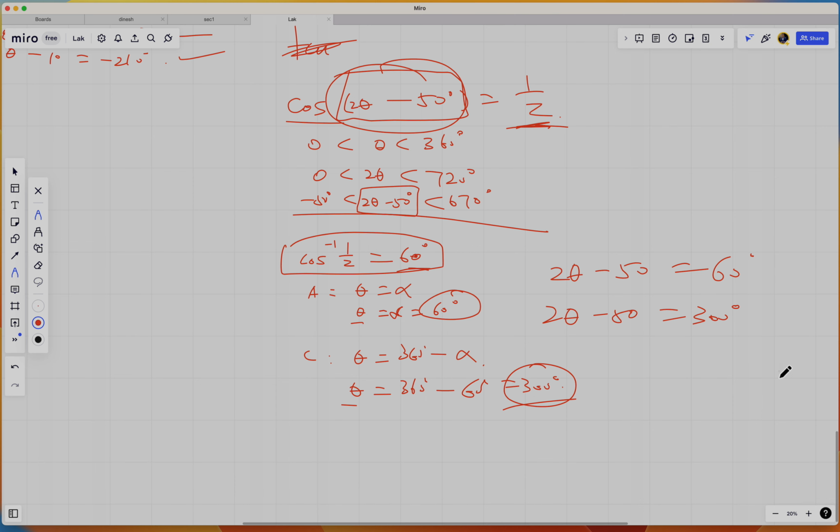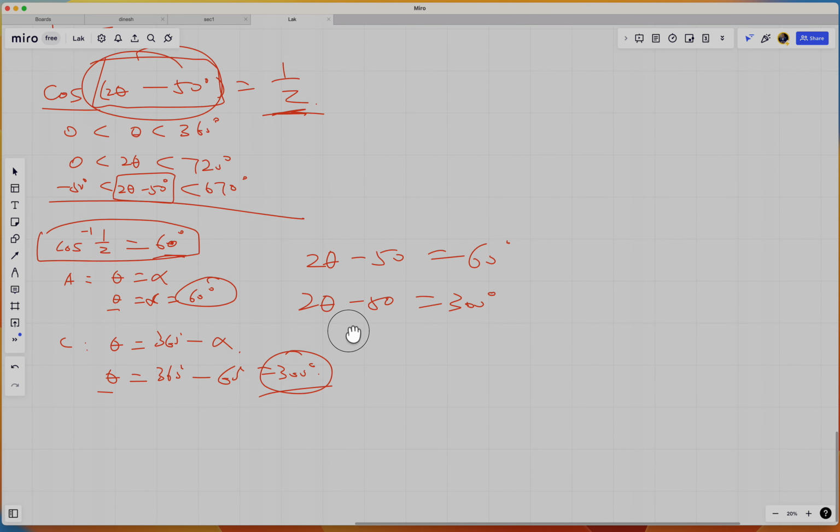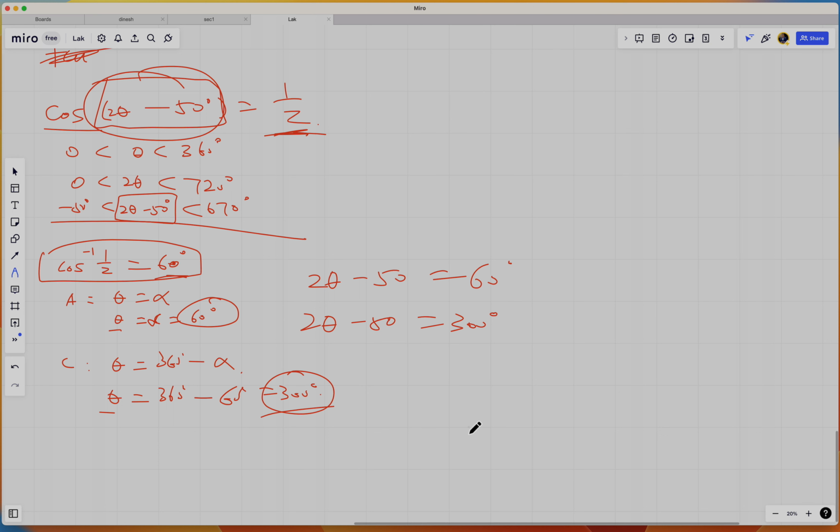Don't go ahead and get the theta. Don't. Why? Because you need to plus 360 here, minus 360 here. And then what do you get? 420. What do you get here? Minus 300. Right? Same thing. Your job is not to go in and find a theta.